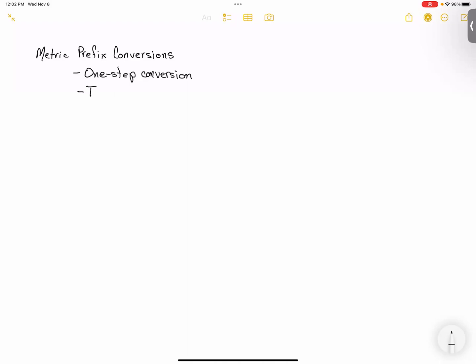We've talked about a two-step conversion, which occurs when you've got to move between two prefix units. Today, we're going to talk about a conversion where the unit is cubed or squared.